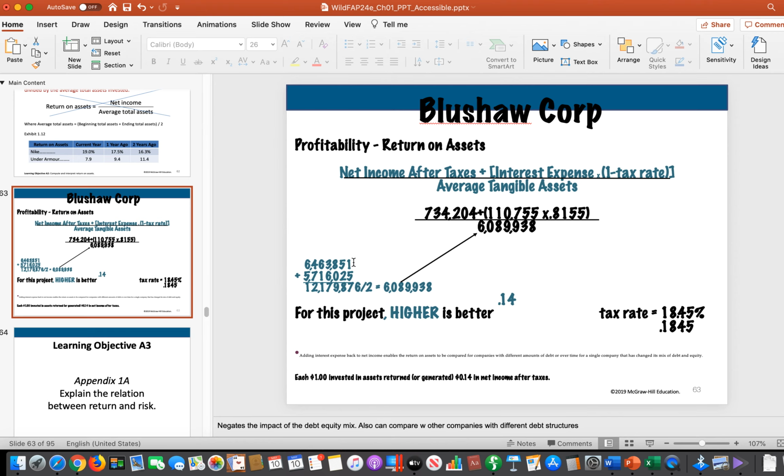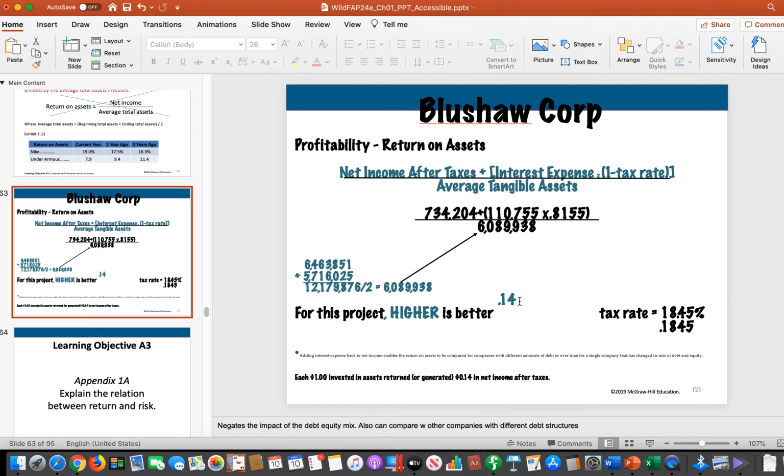Now over here for the most current year, the assets were $6,463,851. For the previous year, the assets were $5,716,025. Add them together and divide by 2, we get an average total assets, tangible assets, but don't worry about tangible right now, just total assets of $6,089,938.